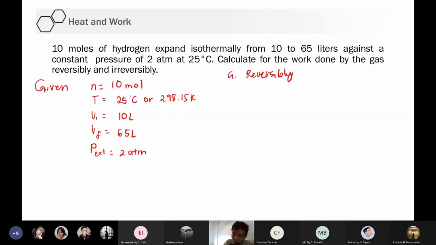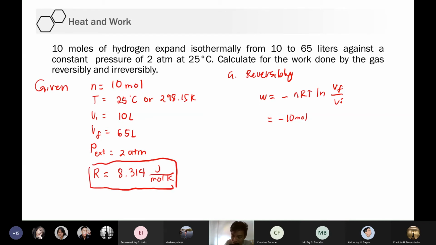Okay, so we know the formula for work kapag reversible ay negative nRT ln Vf over Vi. Plug in na lang. 10 mole. O yung R na gagamitin dito is the gas constant na naka-joule, 8.314 joule per mole Kelvin. Take note of that. Ito yung gagamitin natin kasi energy tayo eh.